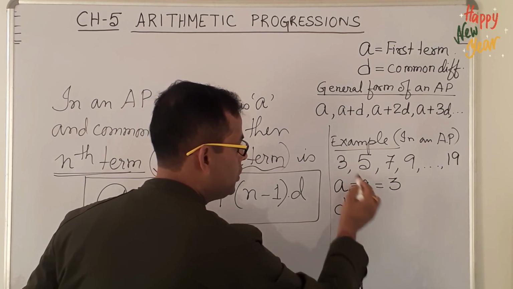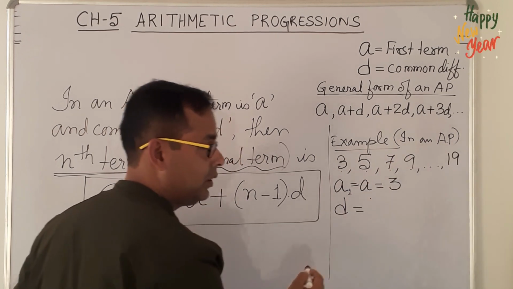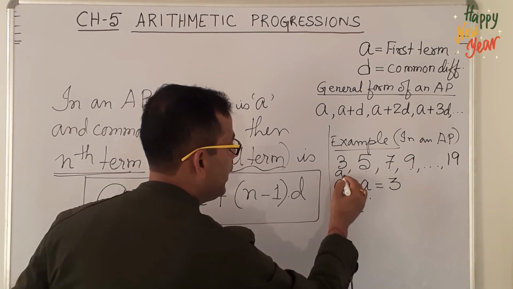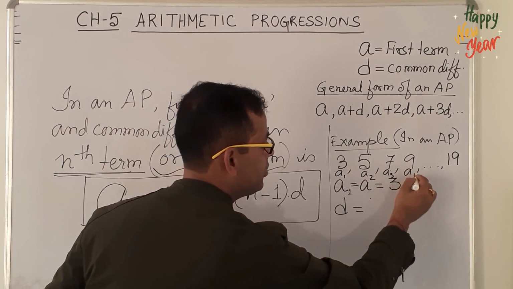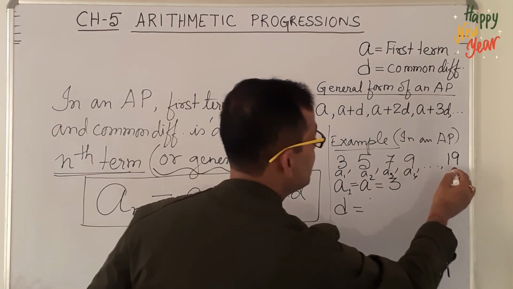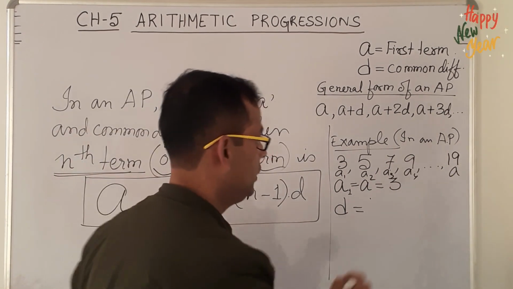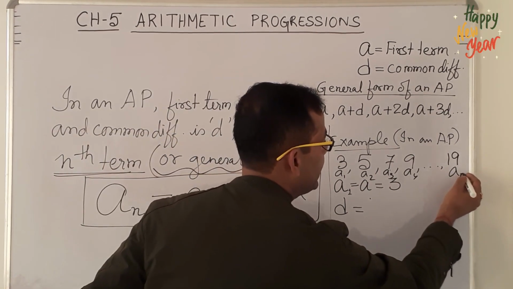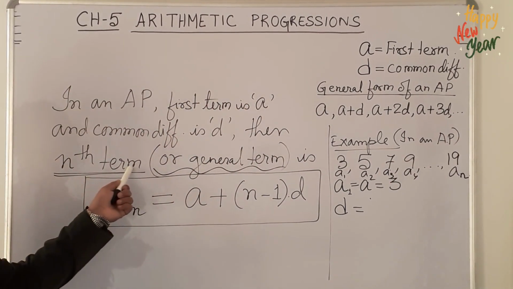So what I can do, this is A1, this is A2, A3, A4 like this way. So this is A1, this is A2, this is A3, this is A4 like this way. This is A how much? We don't know, we can write here N, nth term, that's why it is told nth term.